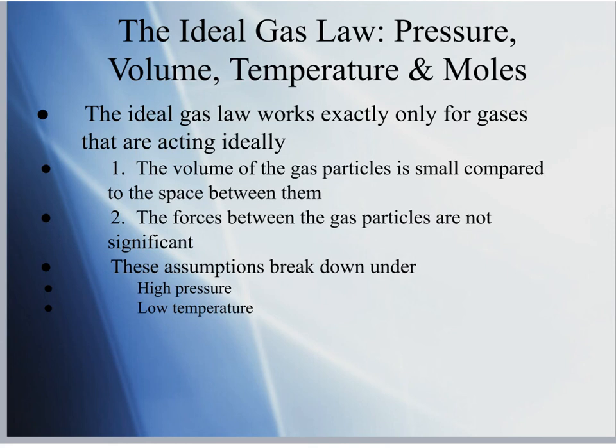So they've got lots of space in between them. They're really acting like gases, being far apart and moving fast, not attracting each other and coming together sometimes as liquids. And the forces between the gas particles are not significant, meaning they don't have much attraction for each other. So they're behaving as gas particles should.